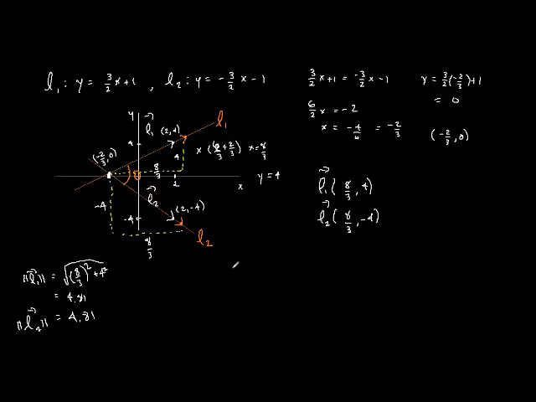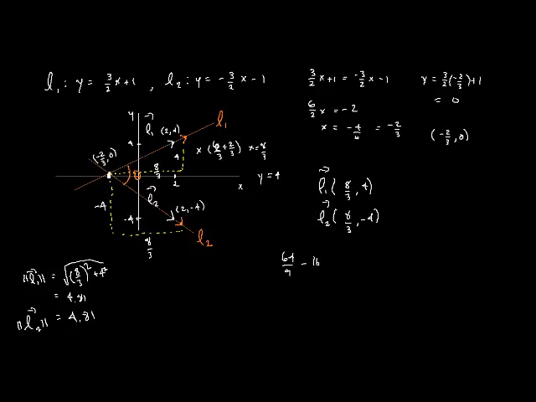Now applying the algebraic approach to the scalar product, I multiply the x components by each other. That's 64 over 9, plus, now the y components multiplied by each other, that's negative 16.